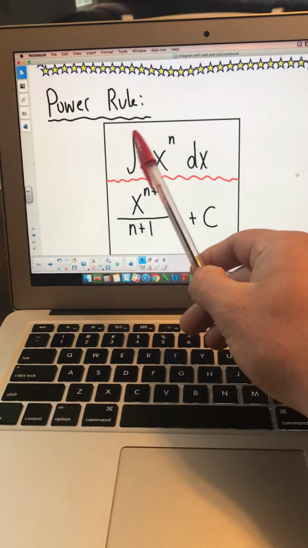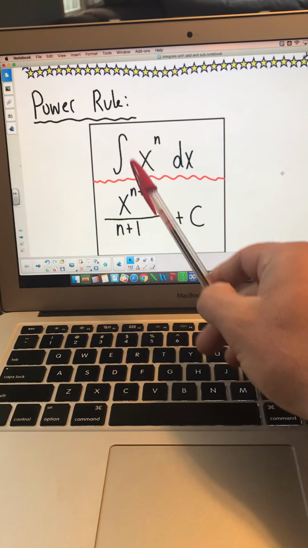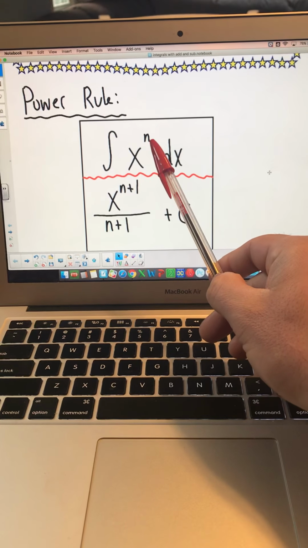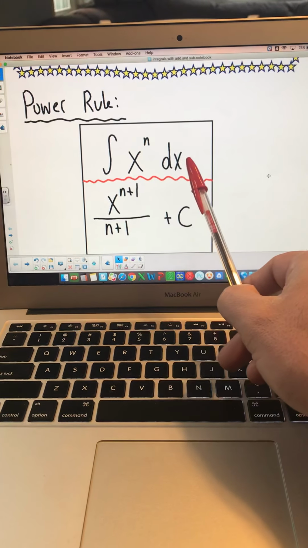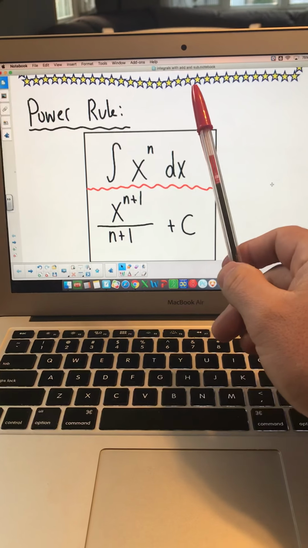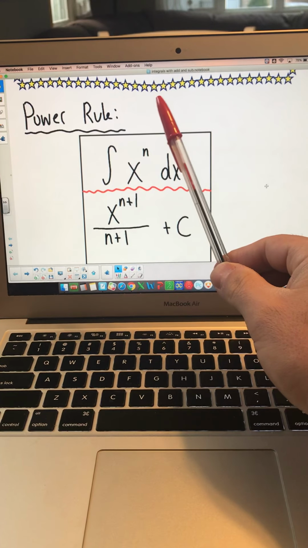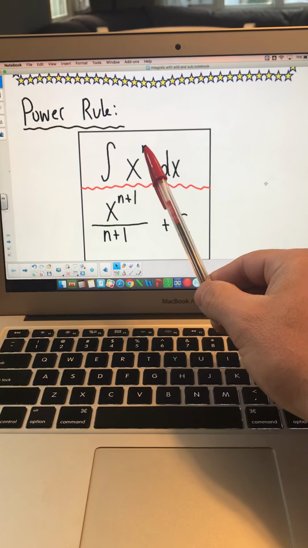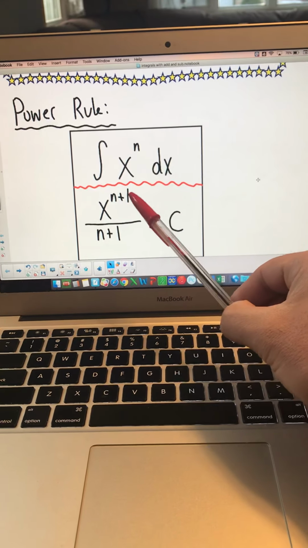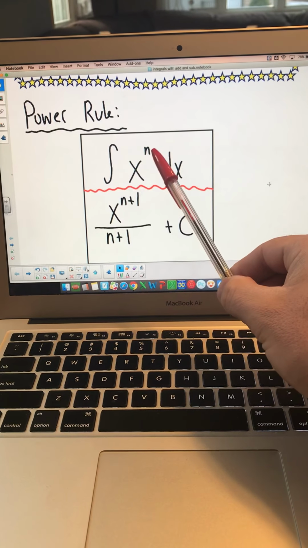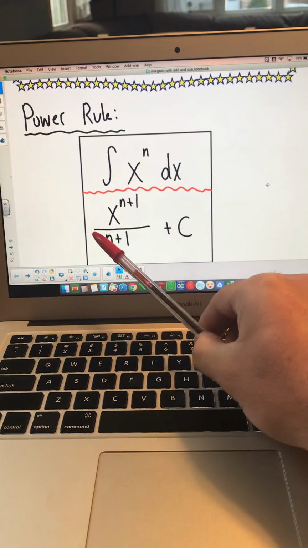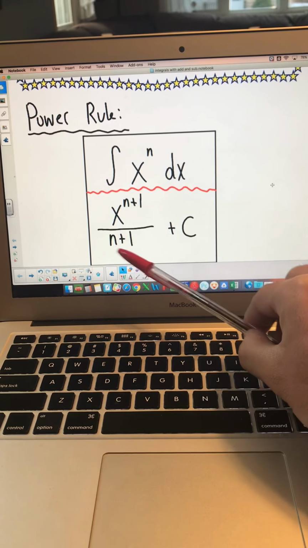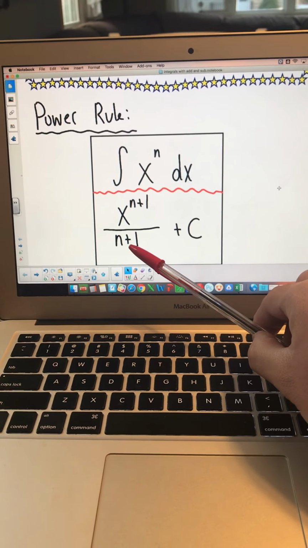So this is the integral of a function being raised to some exponent with respect to x. What we're going to do when we integrate is add 1 to the exponent and put the whole thing under the new exponent. So backtrack.